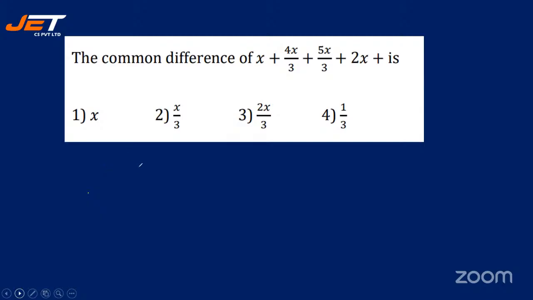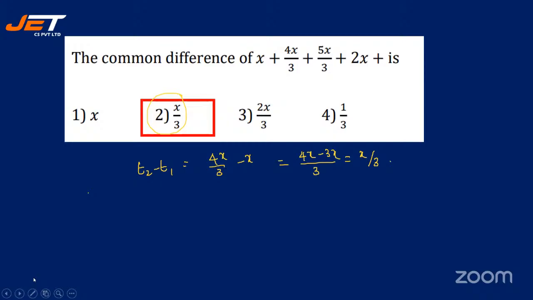So T2 minus T1, 4x by 3 minus x, which is 4x minus 3x, x by 3. So it is option 2. Okay, let's see. Yes, it is. I hope you all have got the answers. Let me erase it before I go to the next question.